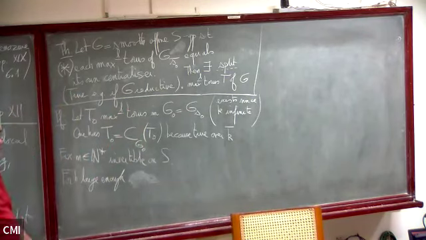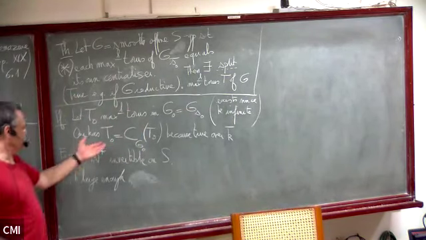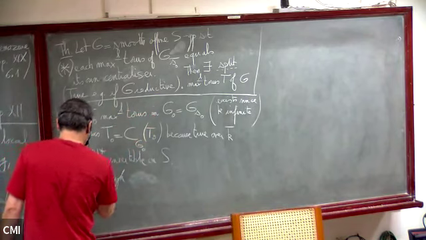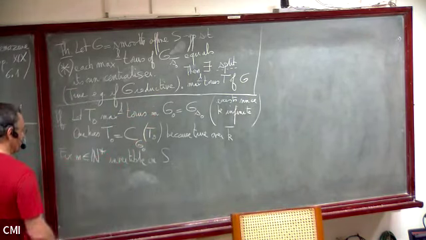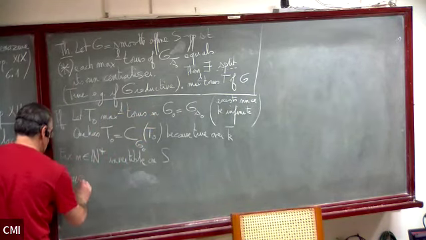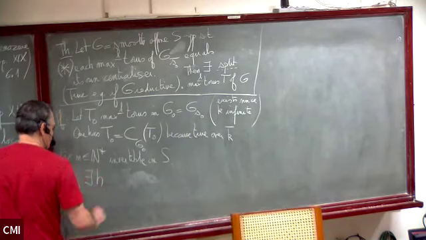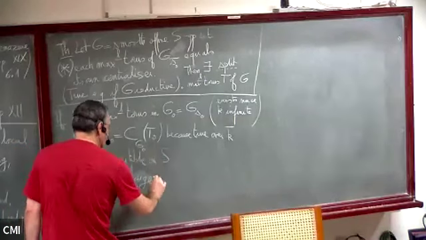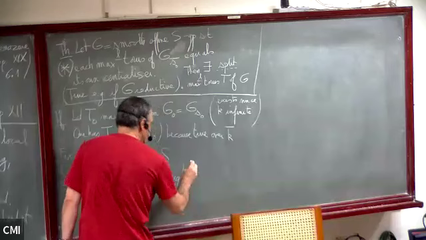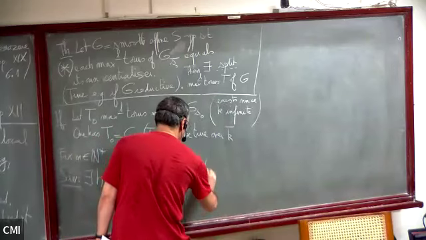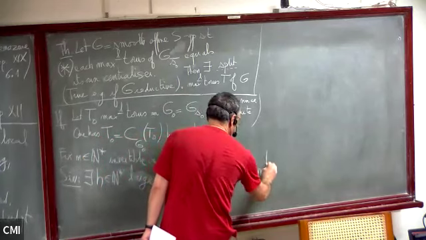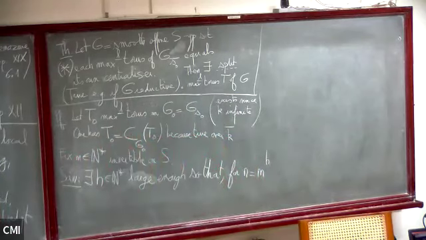But K is already separably closed. What we saw the other day is that there exists an integer h large enough so that if we set n equal to m to the h, let me continue here.